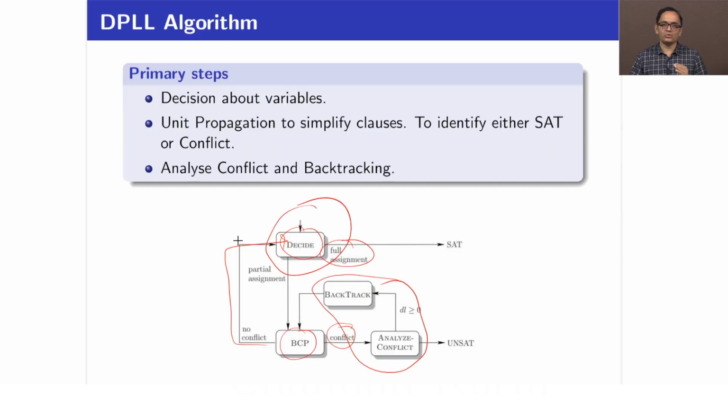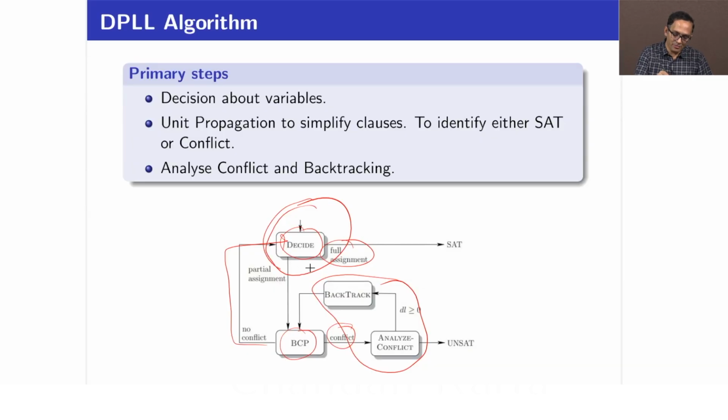So, what we have so far talked about is: take a variable, take a value. If your formula has say 10 propositional variables, you take any of them and assign true or false, but in practice it is not done that way. It is also very important which variable you are picking.